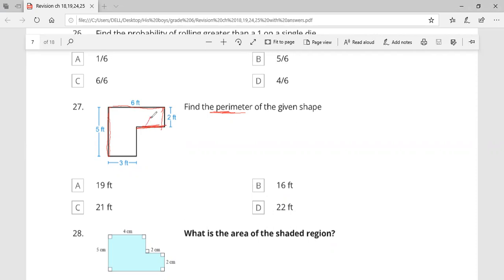I can't find it. You have to find this length, x for example, and y, because a side is missing. How to get x and y first? Perimeter is adding, but first we have this 6, and the opposite side also equals 6. Why?